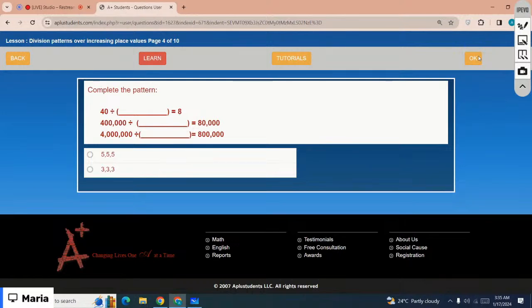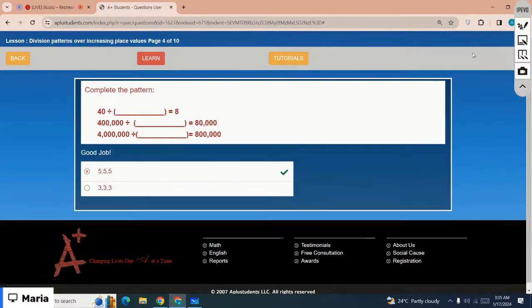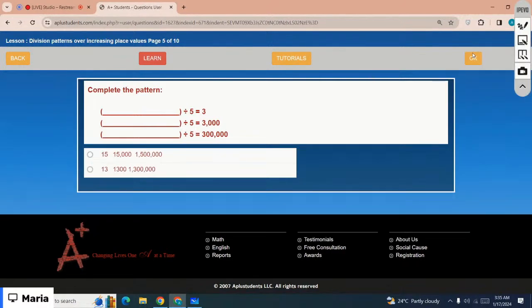Yes, that is option number 5. 40 divided by 5 equals 8, right? The next one is missing number divided by 5 equals 3.